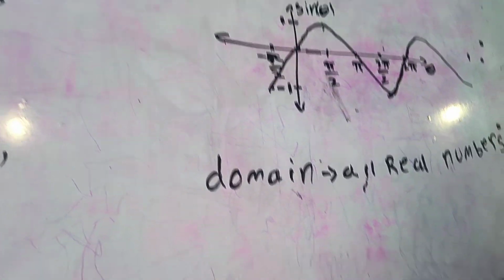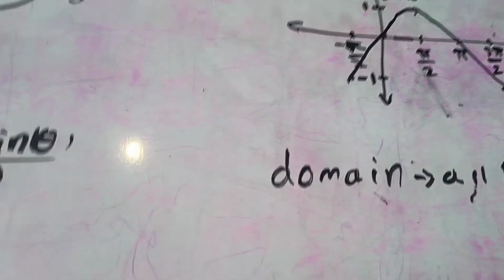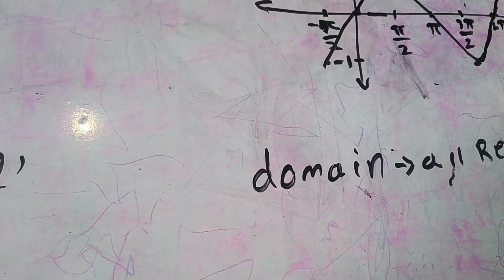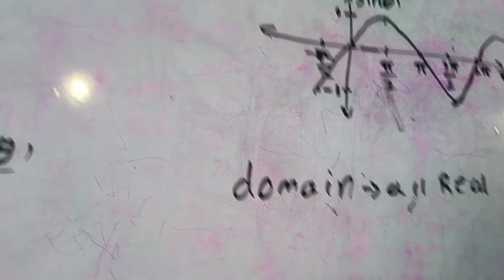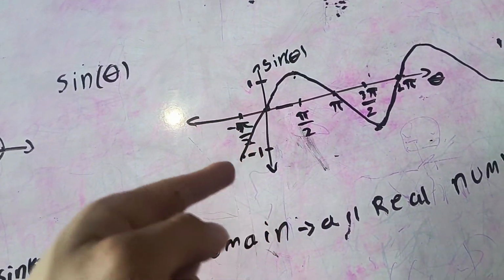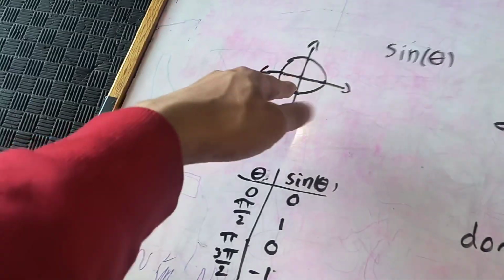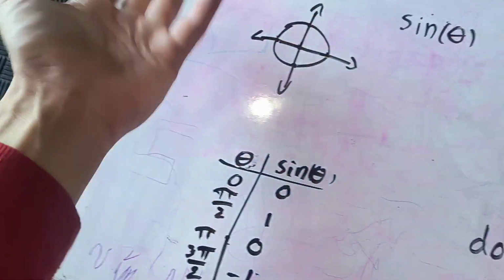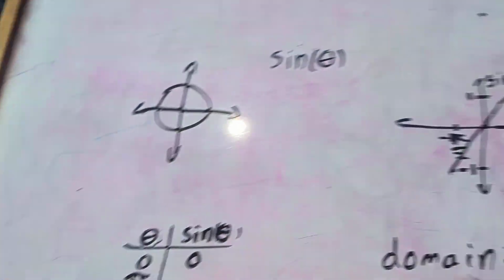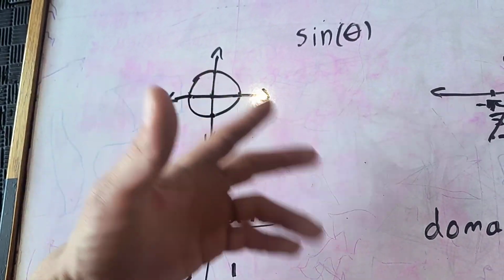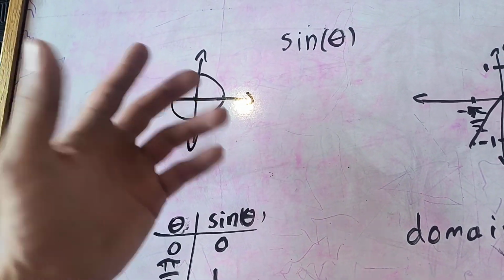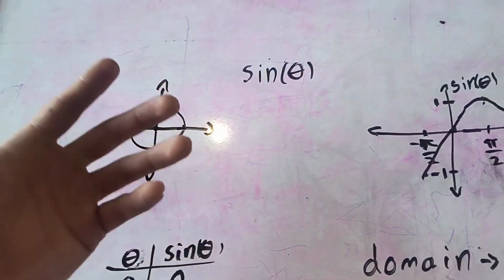And the range, which is all the y values it can inhabit, all the possible y outputs that you can get, is going to be only from 1 to negative 1, because that's what the unit circle definition gives us. It has a radius of 1, and sine is equal to the y value at which the angle intersects with the circle.